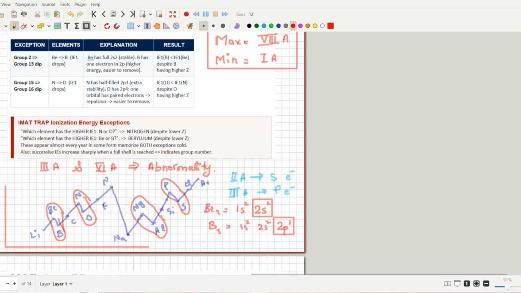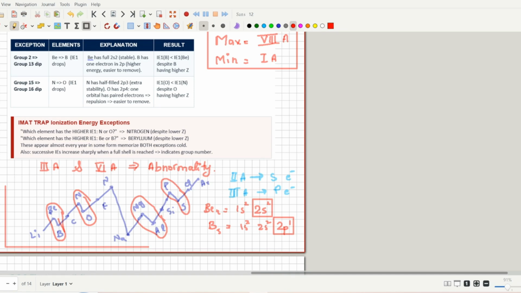So if I ask you which one will have an easier-to-remove electron, can you remove an electron from the s orbital easily or the p orbital easily? You will say that it is easy to remove an electron from p because it has only one electron, while in 2s2 it is difficult because it has a complete duplet. Its duplet is complete, it is stable, so it doesn't want to lose an electron, while p has a single electron. It will easily lose the electron and you will have the stable 1s2 2s2 configuration for boron.